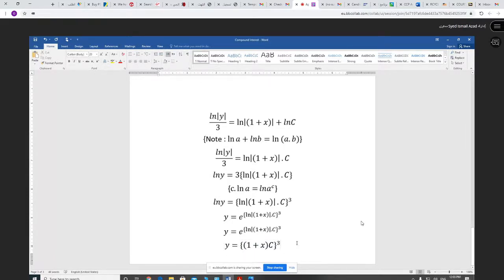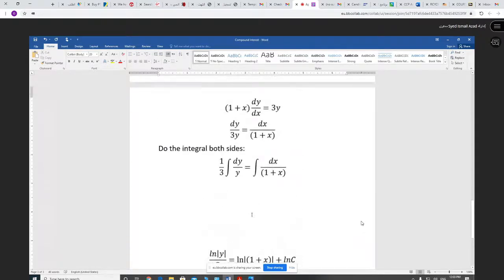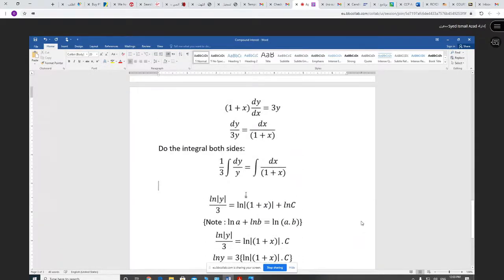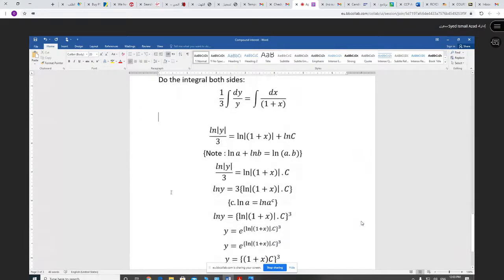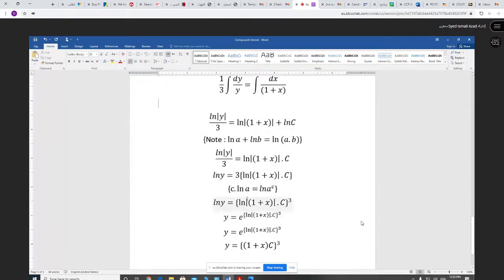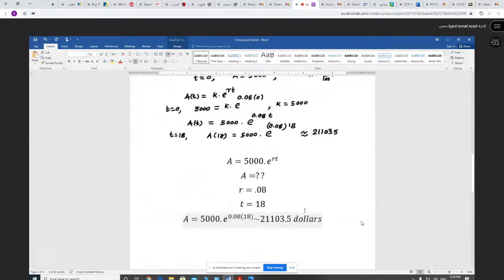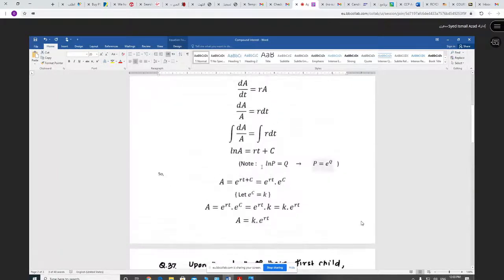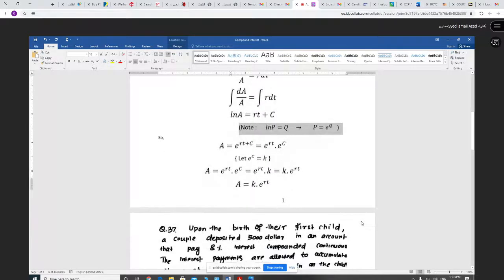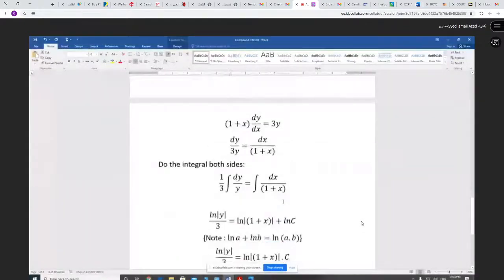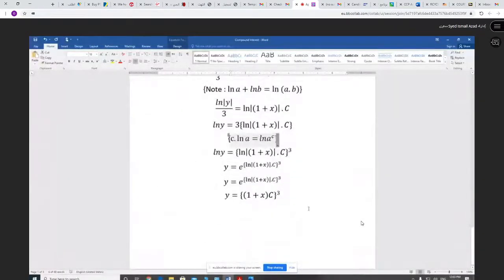Okay, this is how we do it. So for solving these types of questions, you have to familiarize yourself with the properties of log. You have to remember these properties of log. These are used again and again. So this is how we find the general solution of this differential equation.